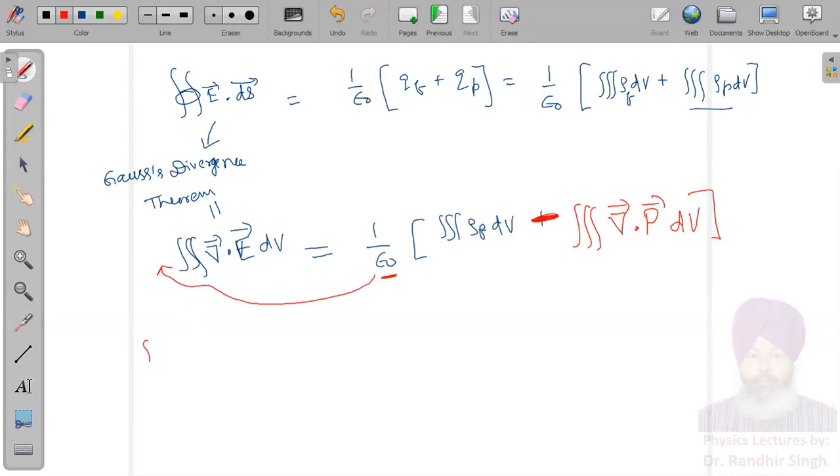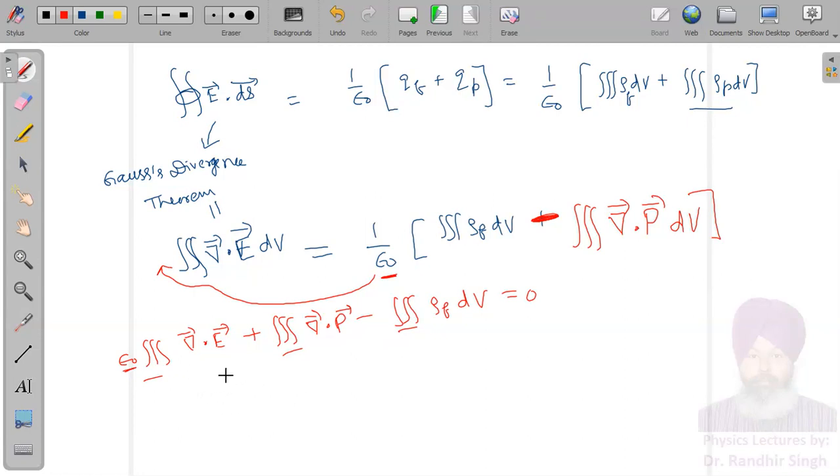So it will become triple integration epsilon naught del dot E plus triple integration del dot P minus triple integration rho f dv equal to 0. I can take this epsilon naught inside, and this volume integration is taken common, because we know that volume integration is distributive.